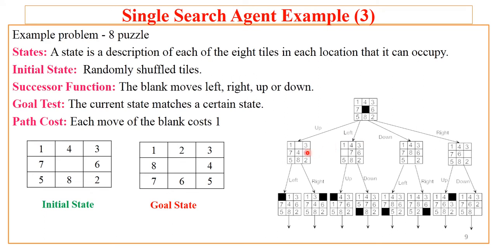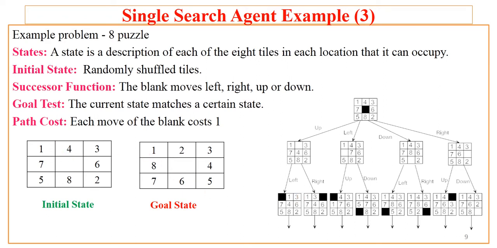Once you have chosen, for example, the leftmost node of the second level of this tree, you can have again some movements, and each time you'll be getting a new configuration, and each configuration can be tested for the goal state.